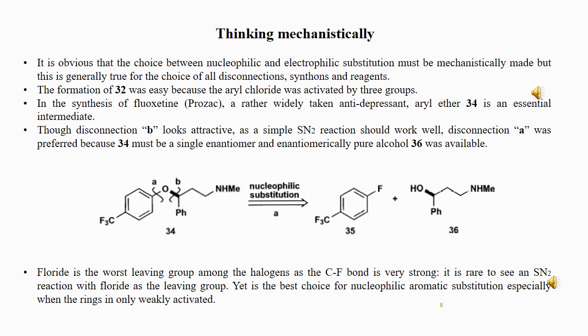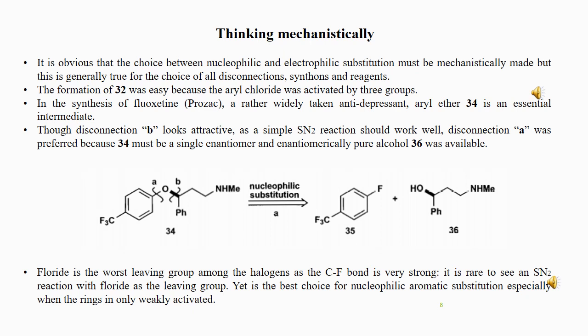We should think about the mechanism, what is going on. The formation of 31 is very easy because the aryl chloride is activated by 3 groups: 2 nitro groups and 1 CF3 group. Electron withdrawing groups make the nucleophilic substitution reactions possible here.